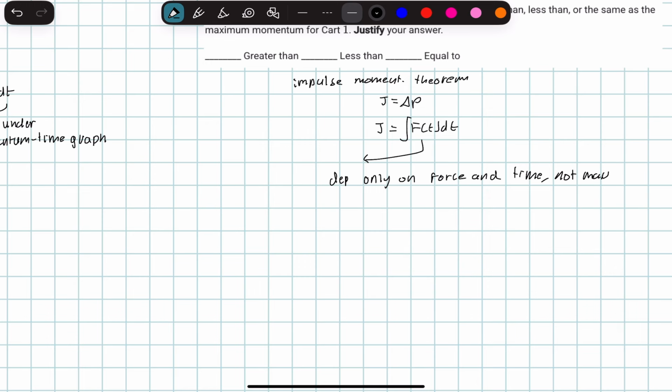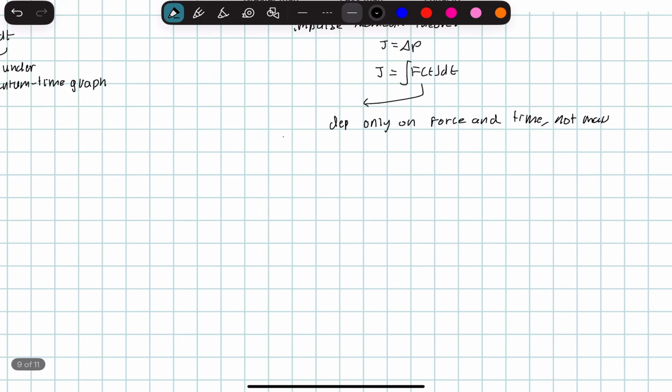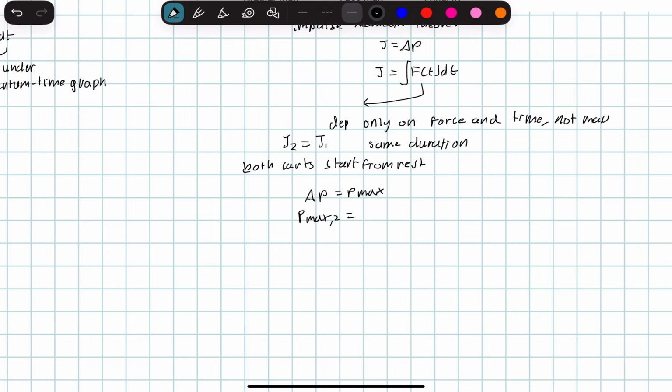So we want to compare the impulses for both carts. J2 is going to equal J1 because it is the same function of force over time, and it's the same duration that you're applying the forces for. Because both carts start from rest, we know that delta P is equal to P max 2, P max 1. So that's the case.